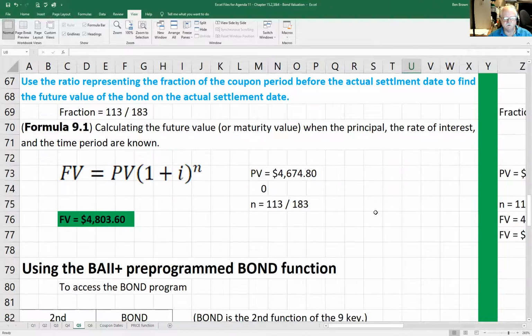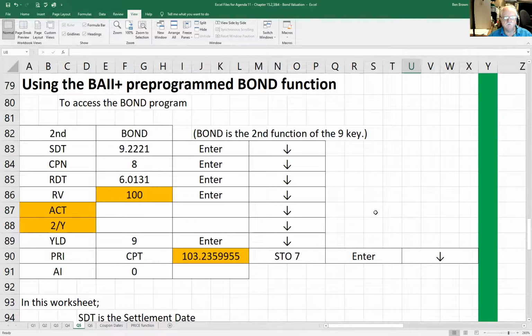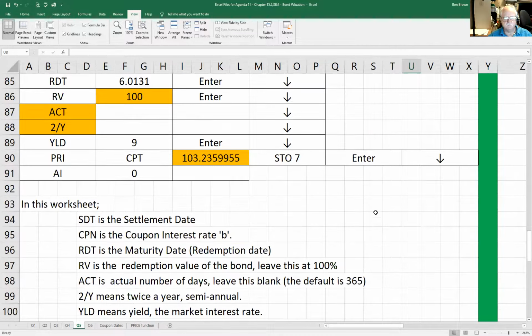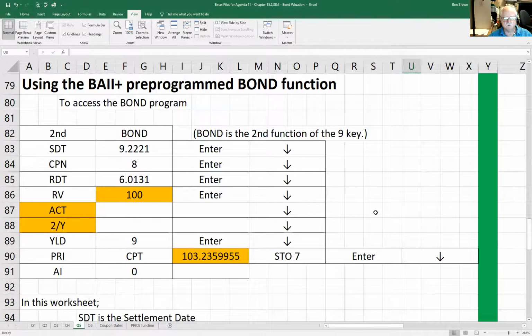Now let's see if this thing does any different. Why did I store it as number 7? Yes, you could store it as anything.